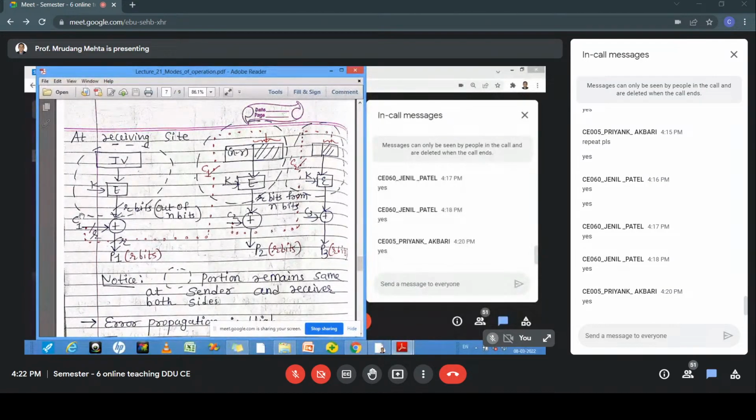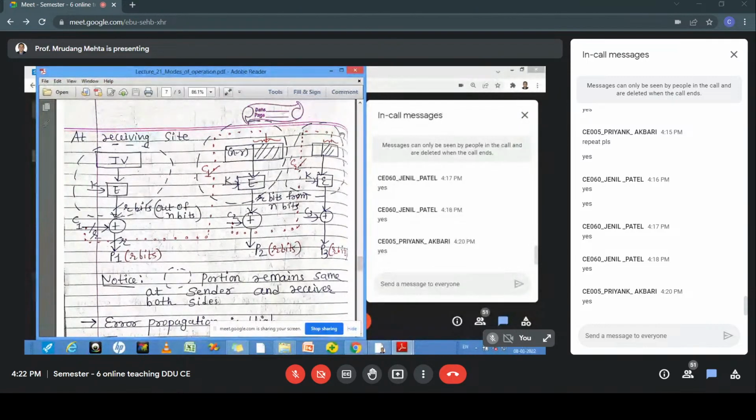Now this block, the dotted circle, is common at both ends, receiver and transmitter. So sender and receiver both can implement this as hardware, and you only have to do the XOR operation because this is pre-computed.